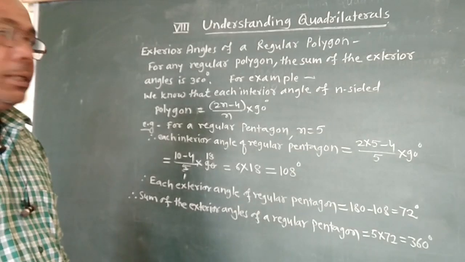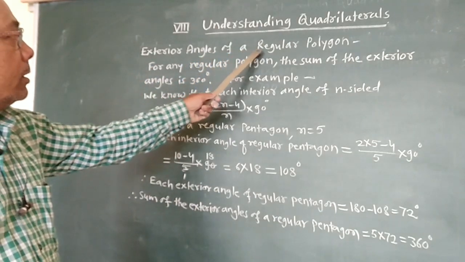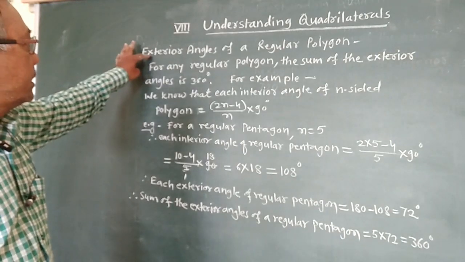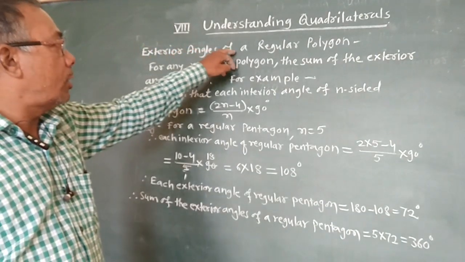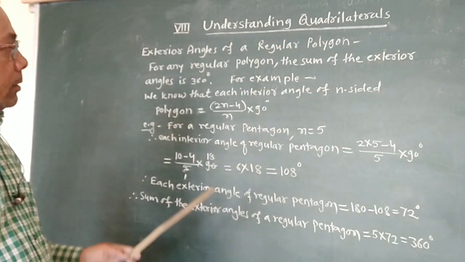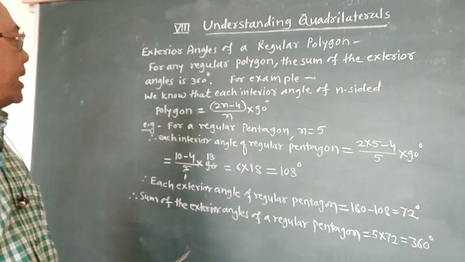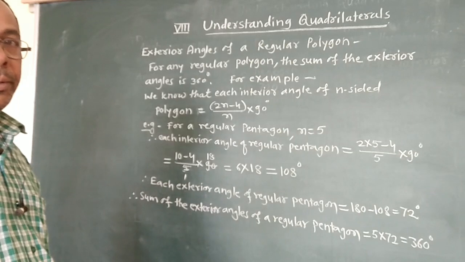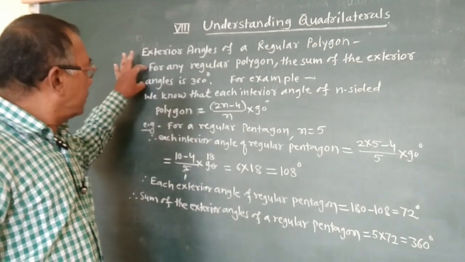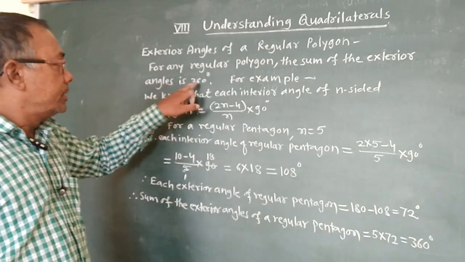Now we will see how to find the exterior angles of a regular polygon, or the sum of the exterior angles of a regular polygon. For any regular polygon, the sum of the exterior angles is 360 degrees.